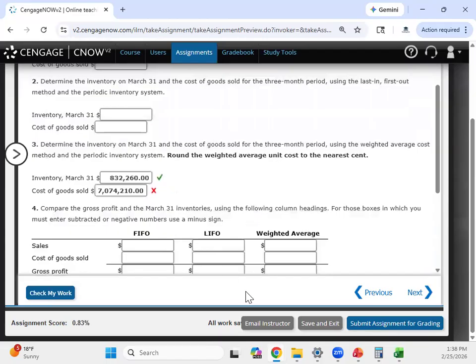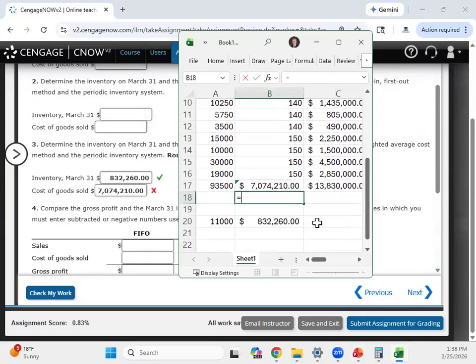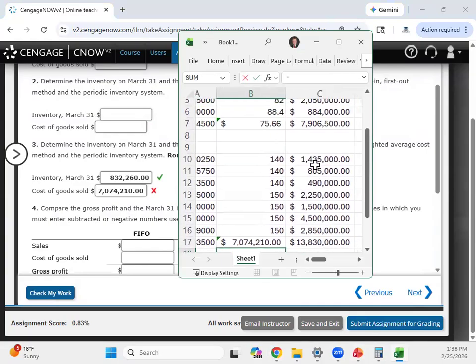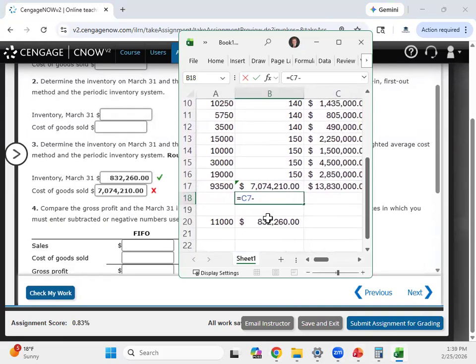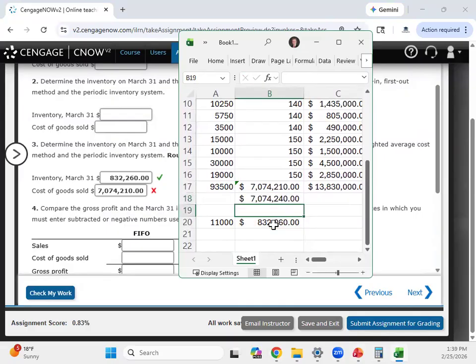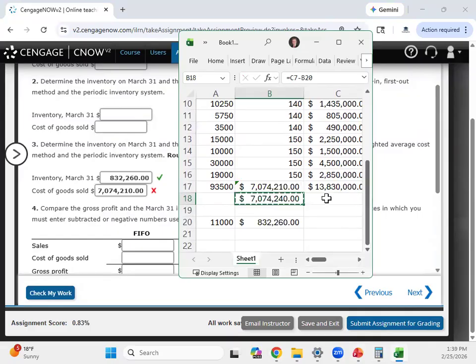Okay, so our cost of goods sold. Troubleshooting here, if we know that the inventory balance was correct, maybe this is different. Okay, this was part of the rounding. In order to tie this out, oh, I copied too many times.